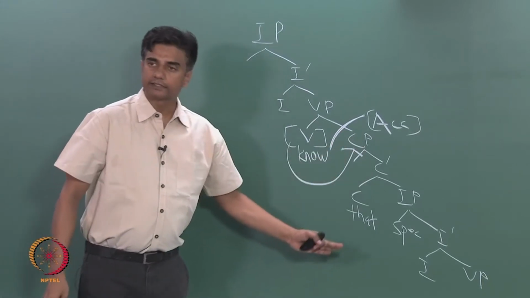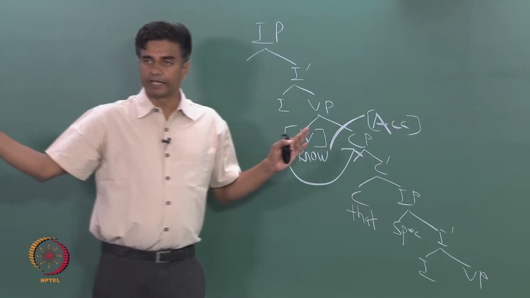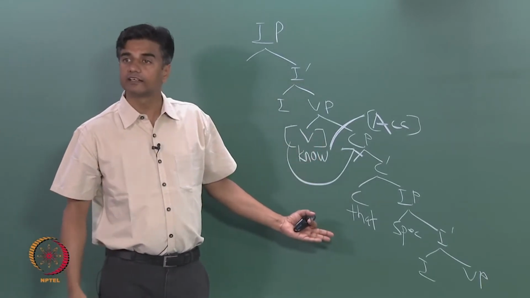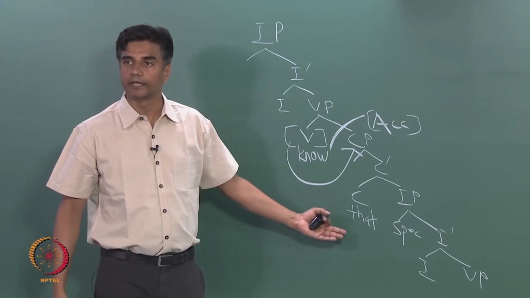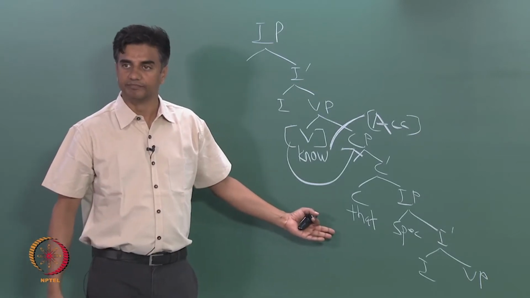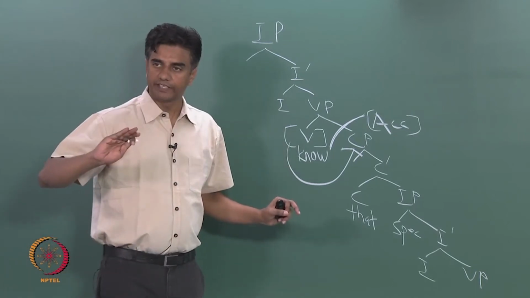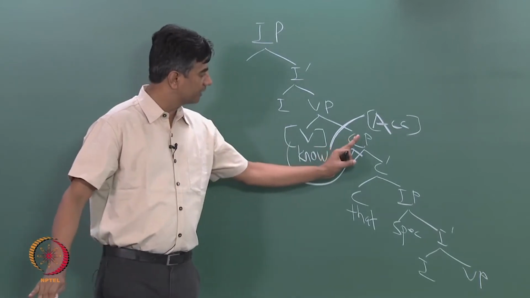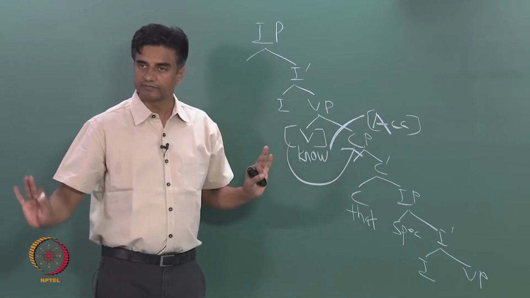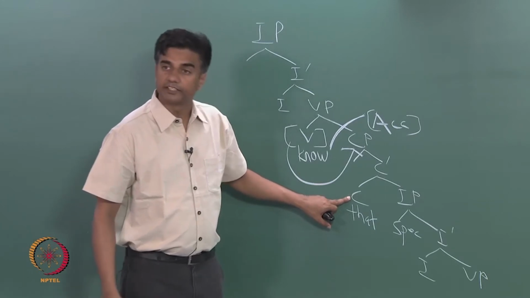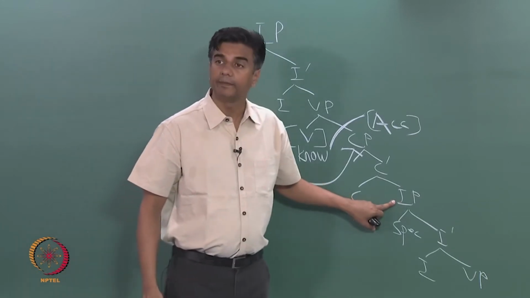When we look at the bigger sentence, which we are calling CP, do we have enough reason to believe that that is not an IP, that it is more than an IP, that it's a CP, right? So the first point is, a CP can be a complement of V. That's clear. Now, in the CP, when we look at this complementizer phrase, a complementizer takes the whole IP as a complement.